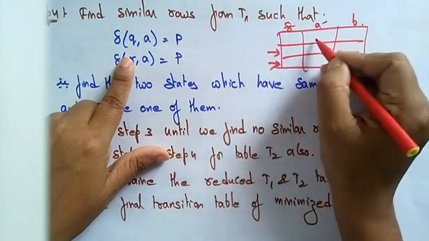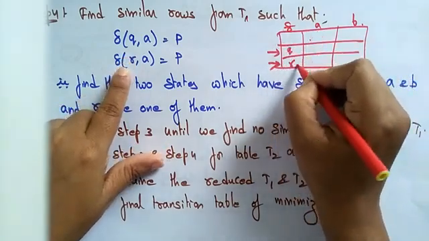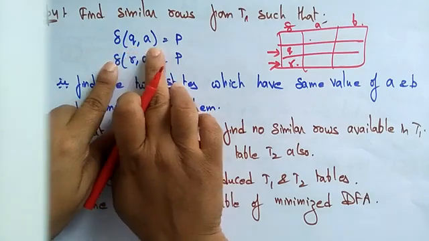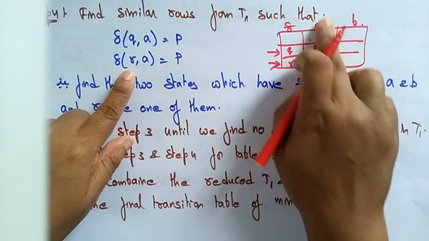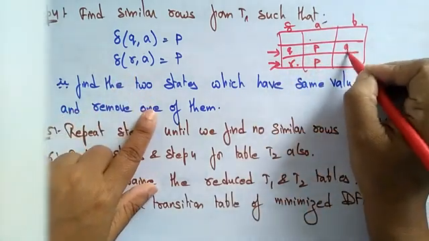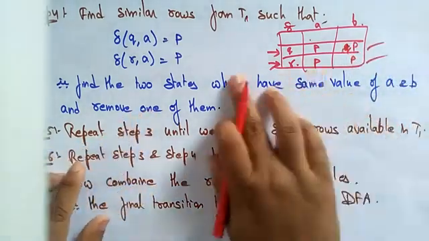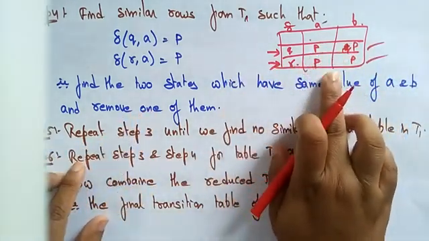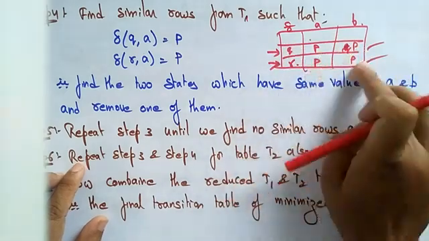Let me take Q and R. If the transition function of Q on A is equal to P and the transition function of R on A is also P, and likewise on B you get P and P, then Q and R have similar rows: P, P, P, P.